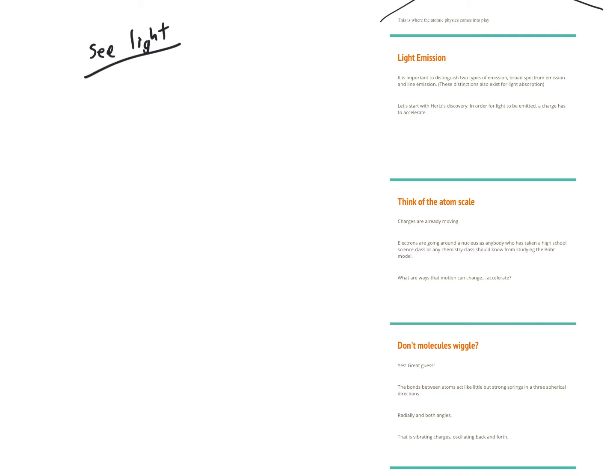Same thing happens the other way. If a charge is accelerating, it can send out light. Okay. So the key is for light to be formed or received, a charge needs to be accelerated.